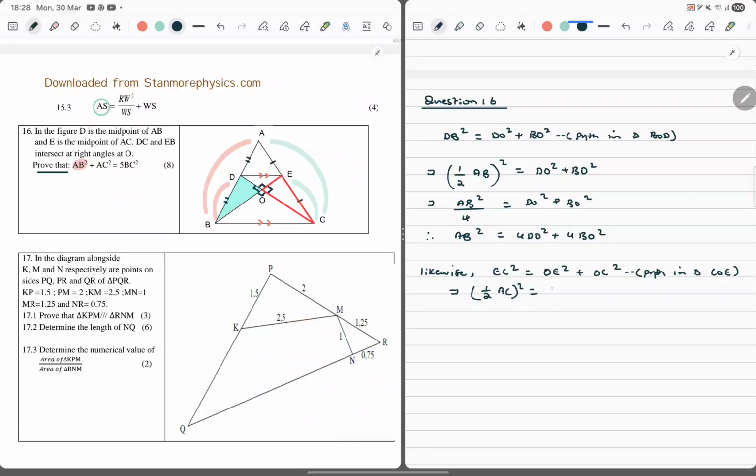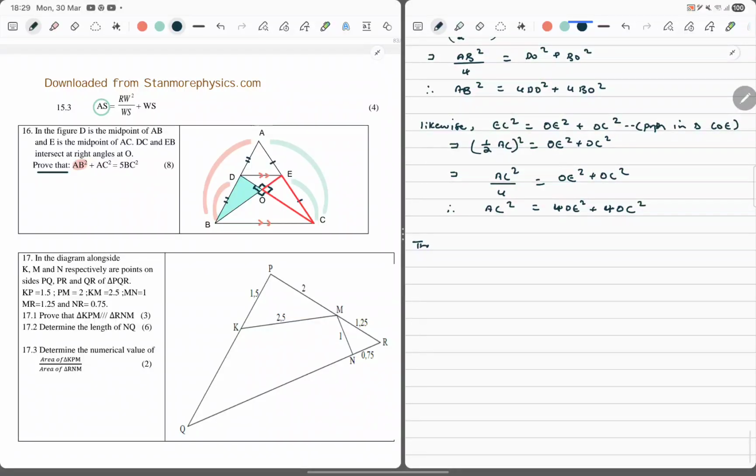We are squaring it, so OE squared plus OC squared. So this implies that AC squared over 4 is going to be OE squared plus OC squared. Therefore, AC squared is going to be 4 times OE squared plus 4 times OC squared.